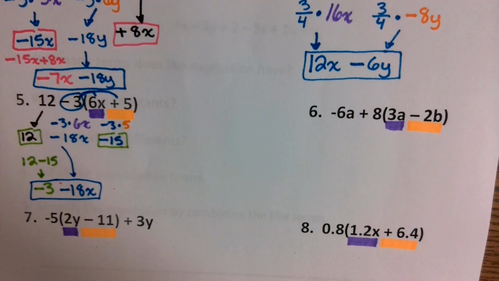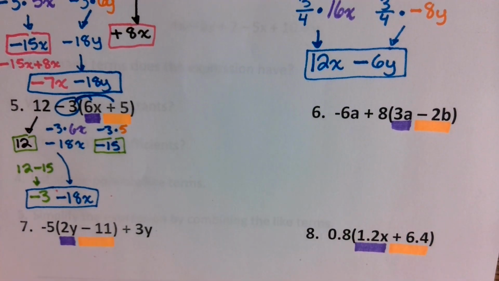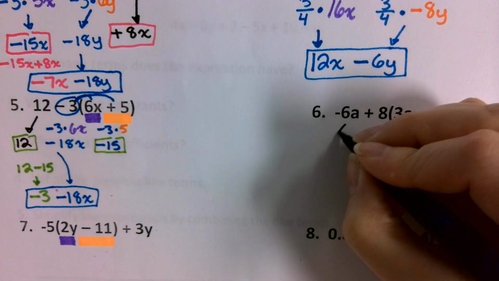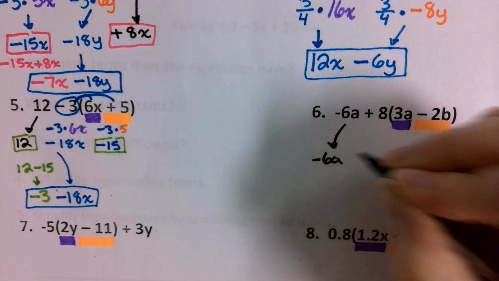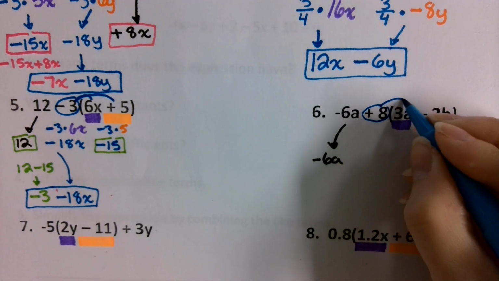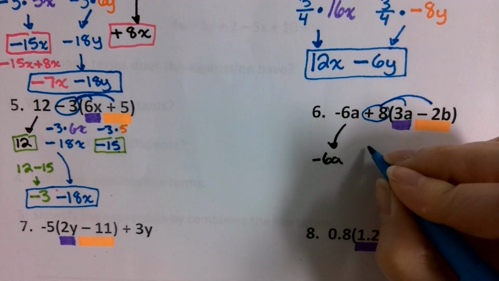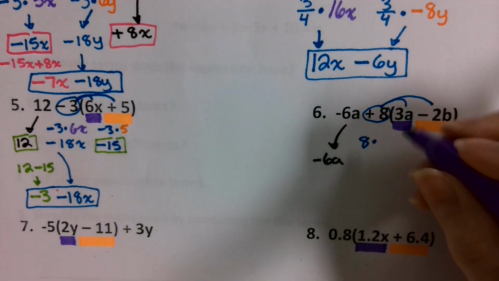For problem number 6, we have negative 6a. That's going to come down just straight normal, negative 6a. We have a positive 8. This positive 8 is getting distributed to the 3a. So we're doing 8 times 3a.